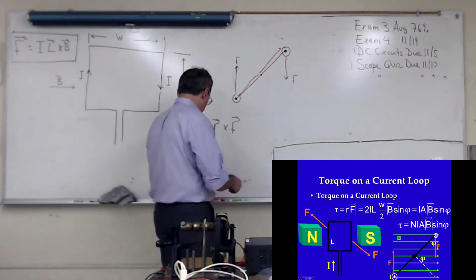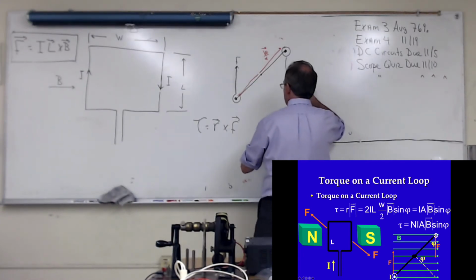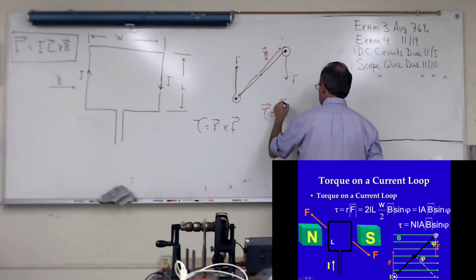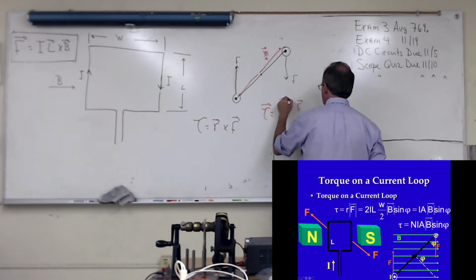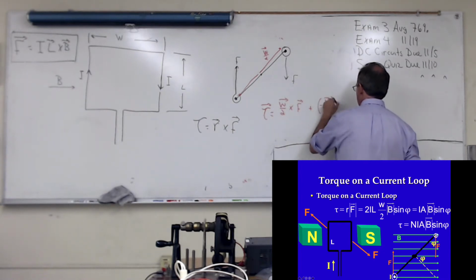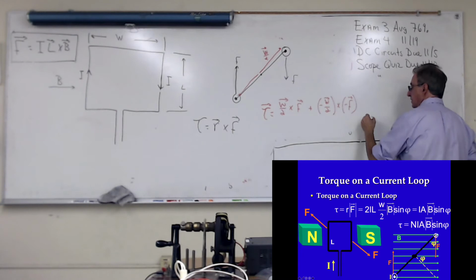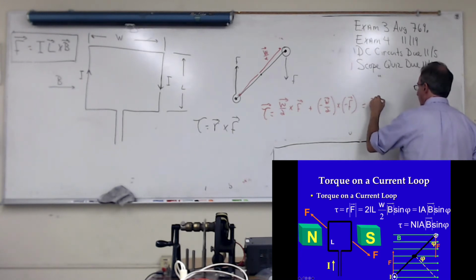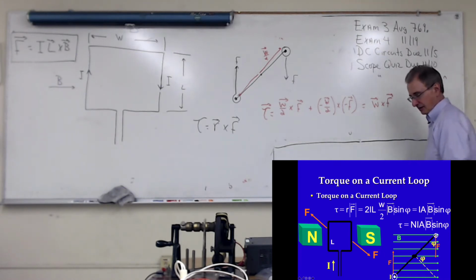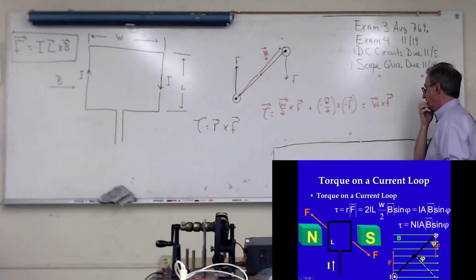If I call this vector W over 2 and this force F, then the torque is going to be W over 2 cross F, but these two are in the opposite directions, and the minus signs cancel. I get that. Okay. And F is ILB.